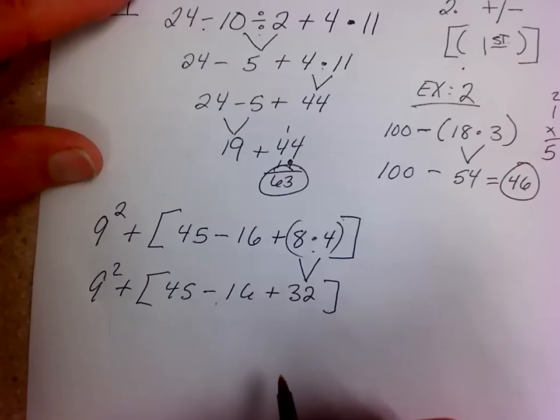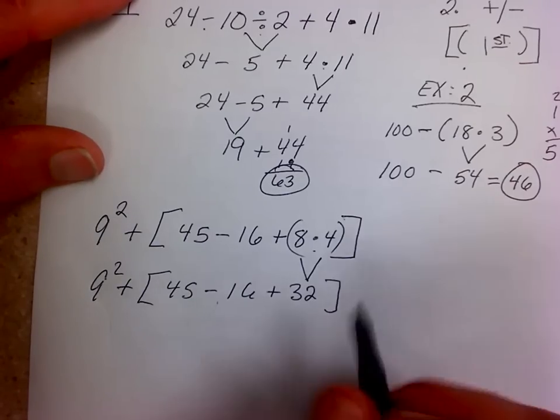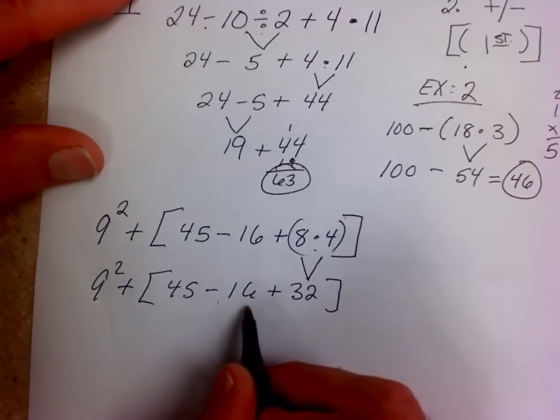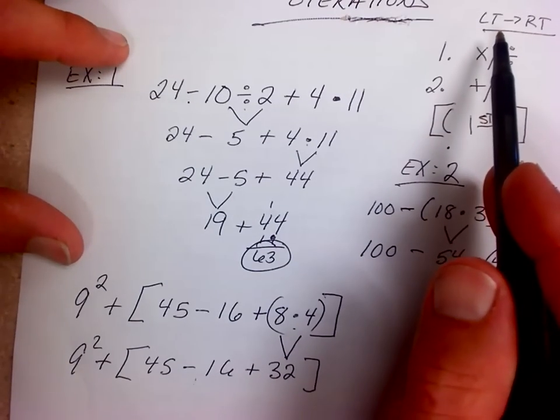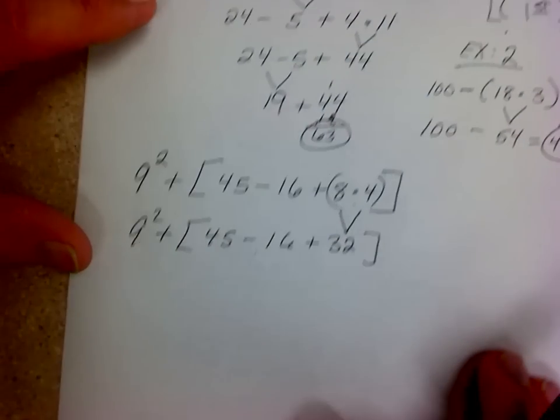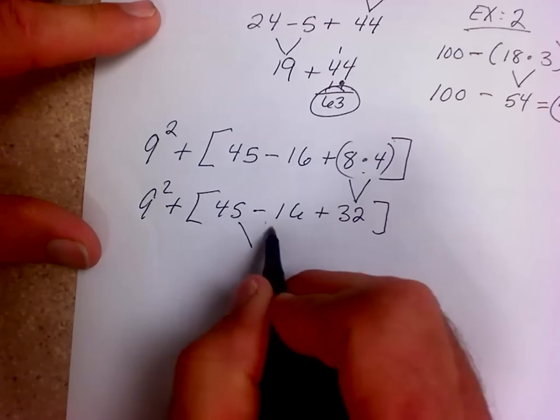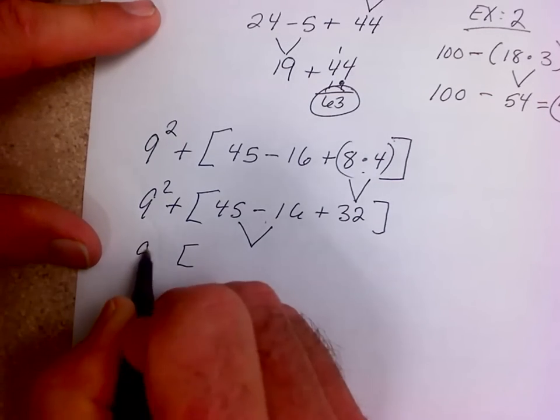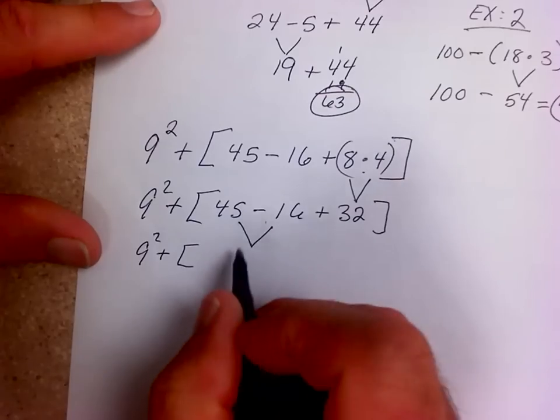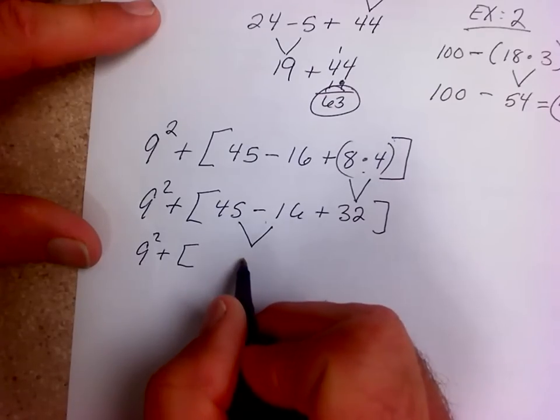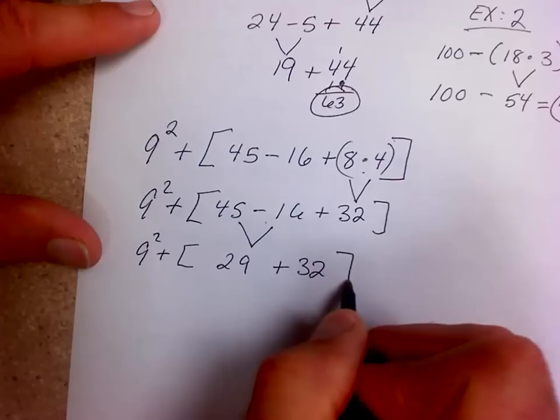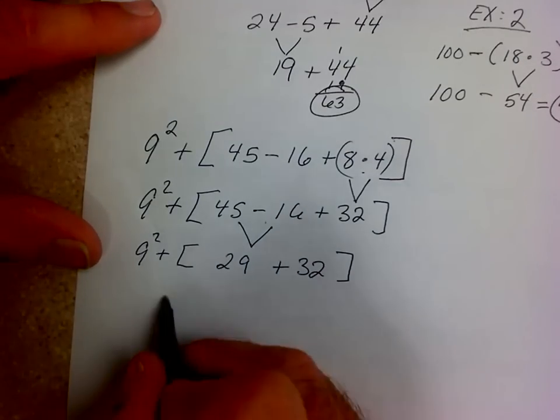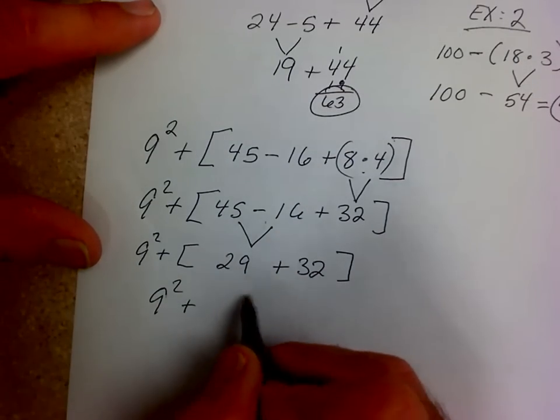So we have 32. We've got addition and subtraction signs in here. Our rule's left to right. As we stated earlier, our rule is going to be left to right. So we want to take care of 45 minus 16. 29 plus 32. Keep on moving.